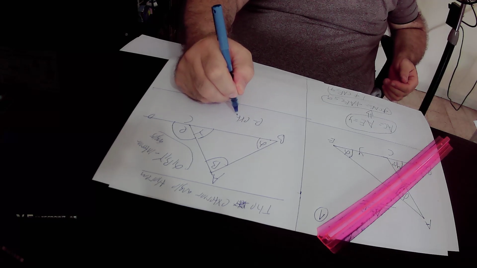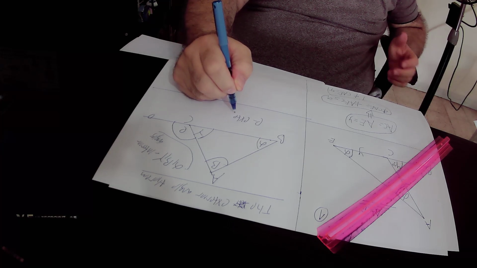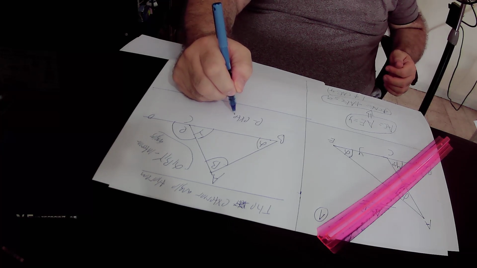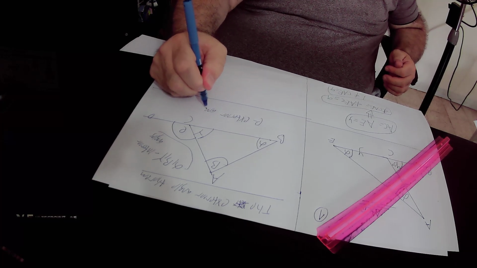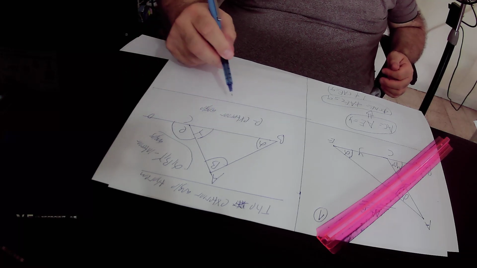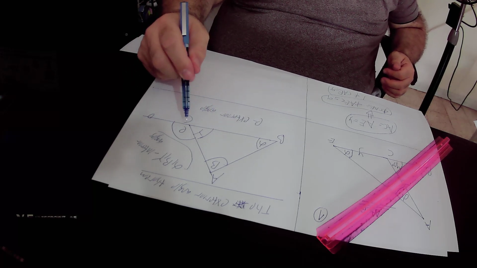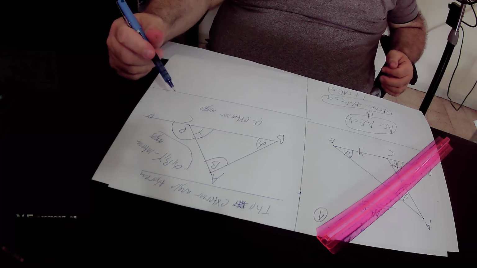Why? Because it is located outside triangle ABC. Therefore, it is defined as an exterior angle. So we have here three interior angles, alpha, beta, and gamma, and one exterior angle, angle ACD. It is equal to E.